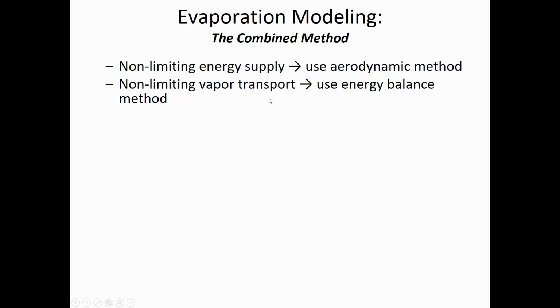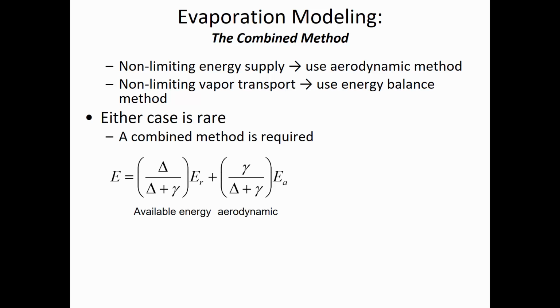If you had unlimited transport, then you'd use the energy balance method because you'd be able to move all of the air away from the water surface, but you'd just need to know how much energy there was to actually do the latent heat of vaporization. Either case is pretty rare. It's not going to be common where you have unlimited energy or unlimited transport.